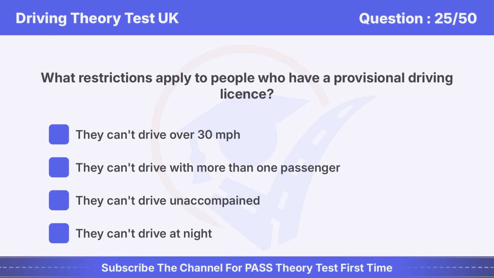Question 25. What restrictions apply to people who have a provisional driving license? Answer is C. They can't drive unaccompanied.